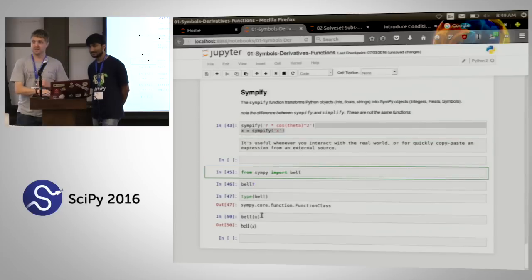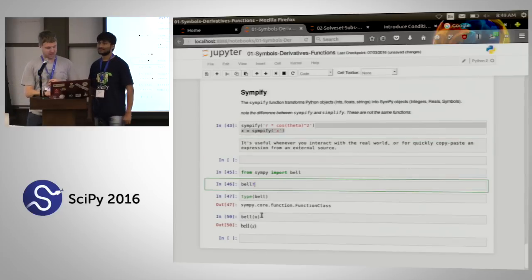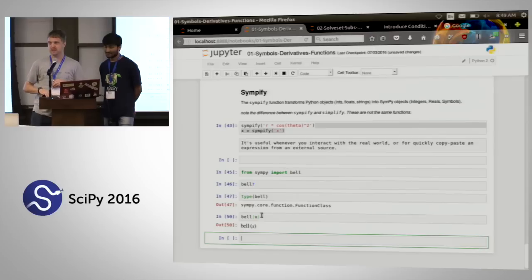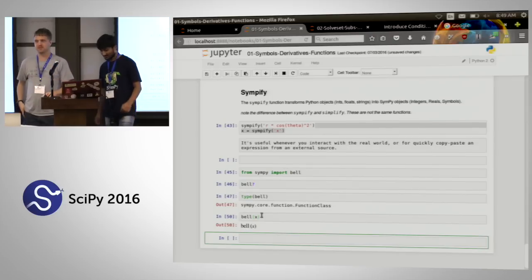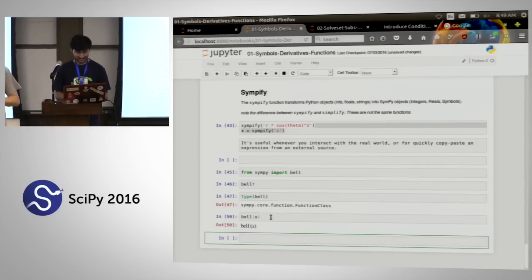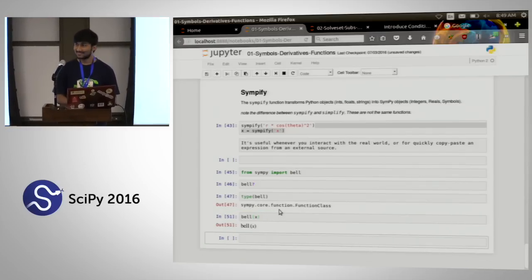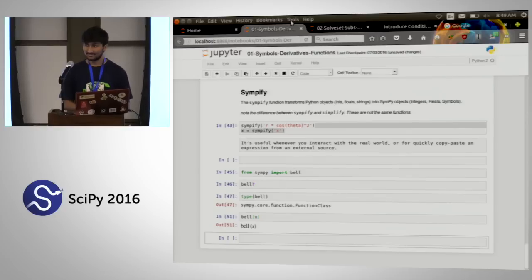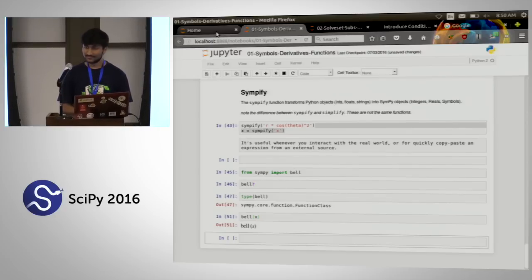I don't know, but it's incorrect anyway, because bell's a class, so you should create it with arguments first. So we need to investigate your notebooks, actually. Well, no, it works. I tried it. I just don't understand why it happens.